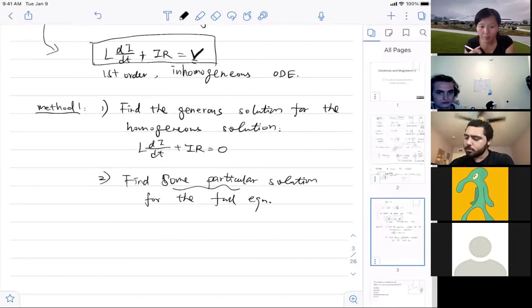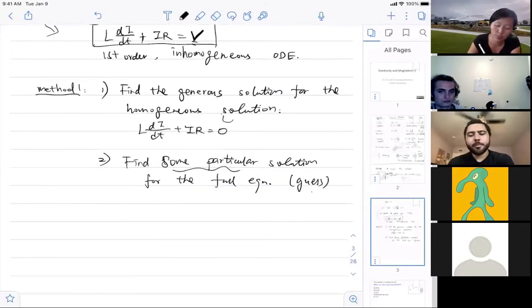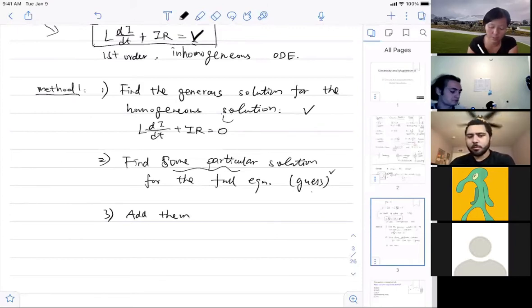Here you can totally guess a solution, and if you plug it in and it works, your job is done. You don't have to justify how you come up with the answer, as long as that solution works. Then you simply add the general solution from the first step to the particular solution from this step, and you get your overall solution to the original ODE.